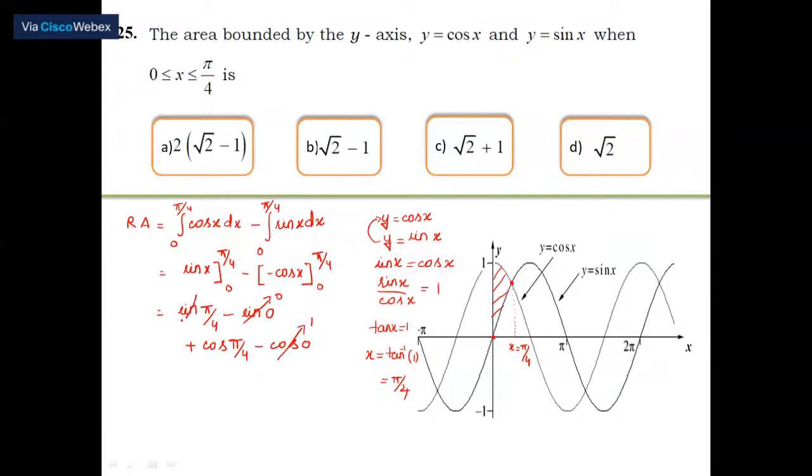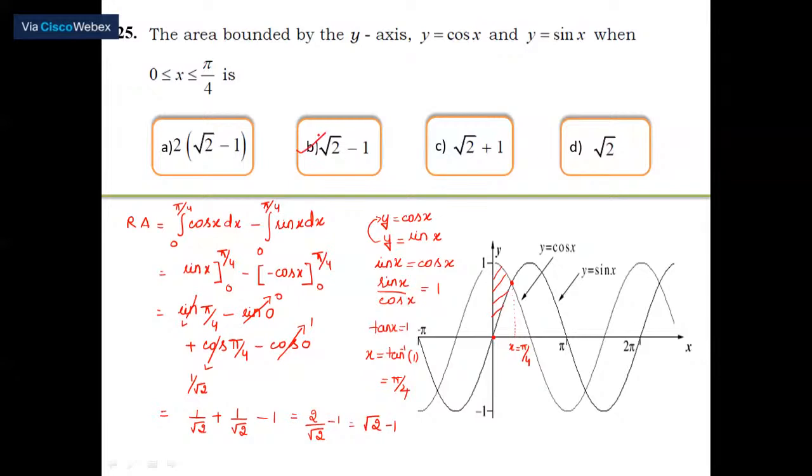The value of sin pi by 4 and cos pi by 4 is 1 by root 2. So finally it is 1 by root 2 plus 1 by root 2 minus 1, which can be considered as 2 by root 2 minus 1, or root 2 minus 1. So the answer is option B, root 2 minus 1.